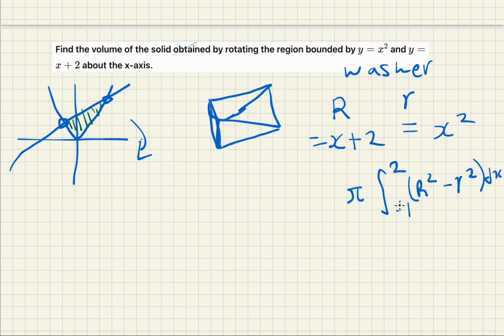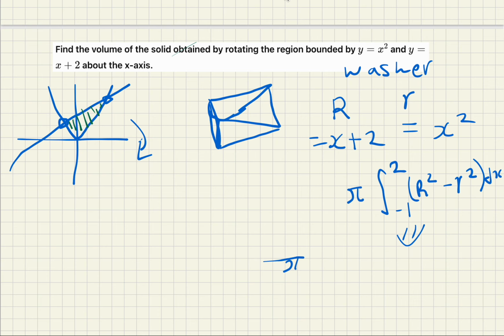And keep in mind, if it's rotating around the y-axis, it would be dy. And these terms should be in terms of y. So it can't be x plus 2, it would need to be y plus 2. Or it can't be x squared, it must be y squared. And since we're rotating about the x-axis in this case, it can be in terms of x. And so now all we need to do is plug this in.